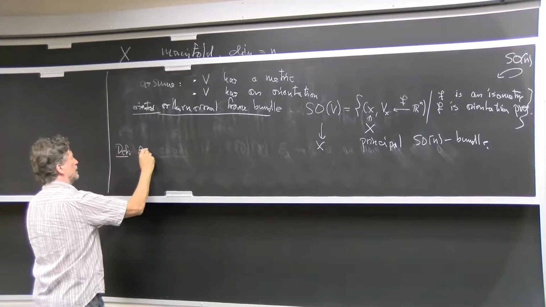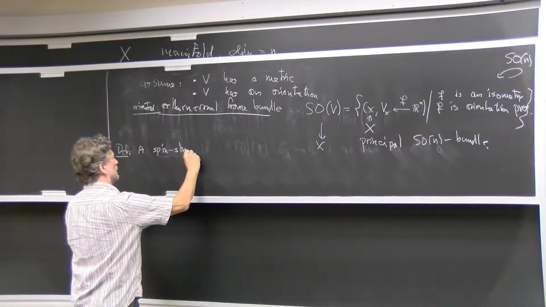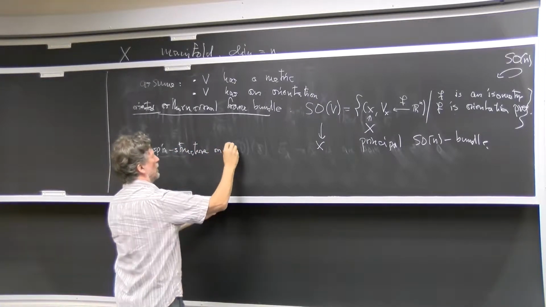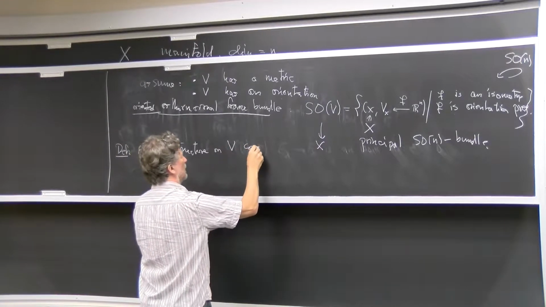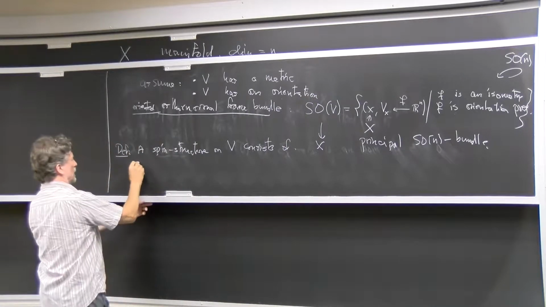A spin structure on V consists of two pieces of data.